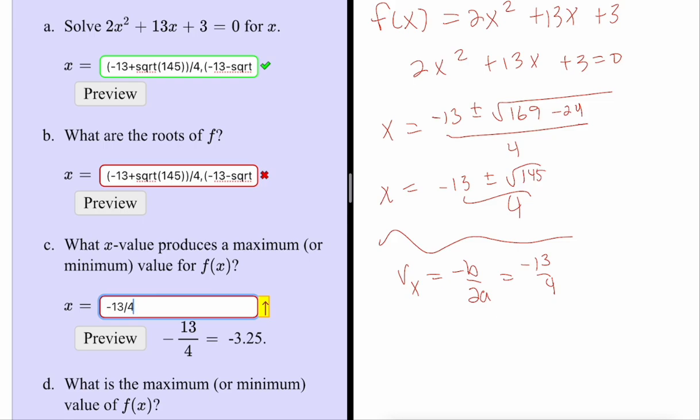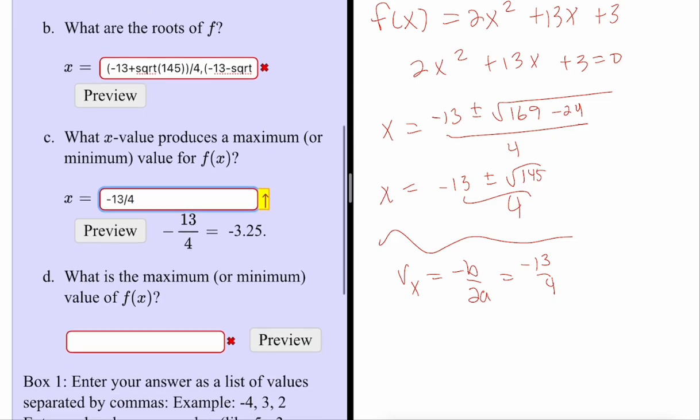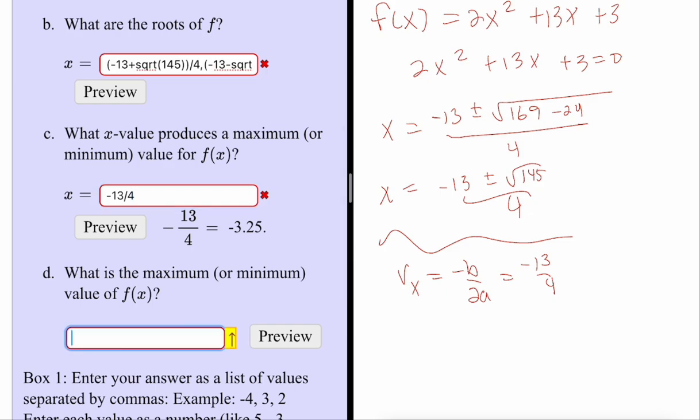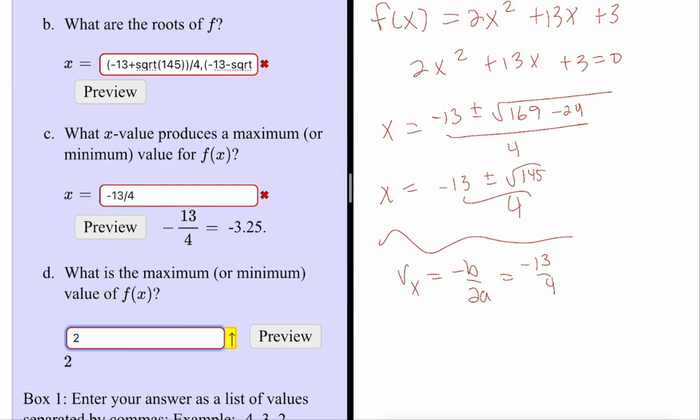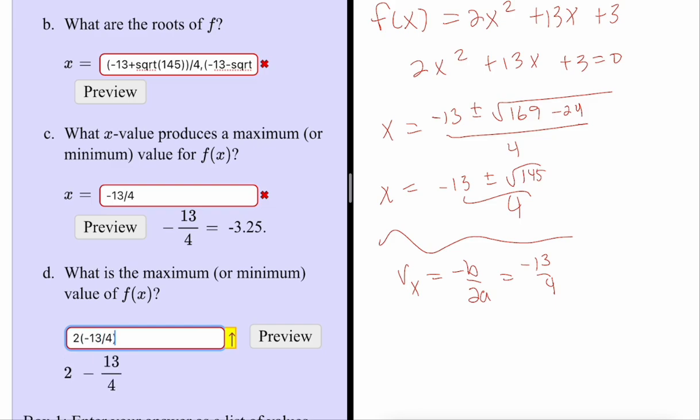And then what is the maximum value of the function? I've got to plug it in. I'm not going to plug it in. Well, I am. But I'm going to let iMath do it for me. It's 2 times that thing squared plus 13 times that thing plus 3.